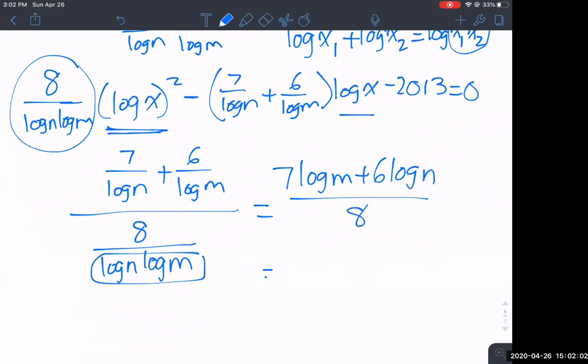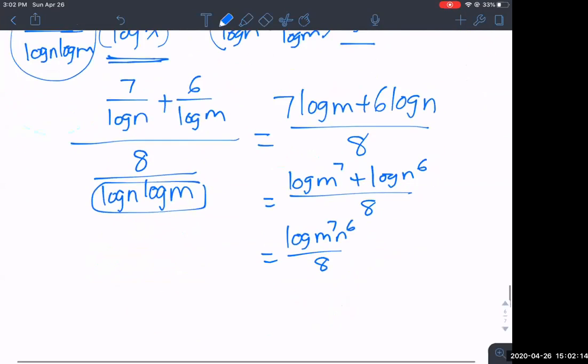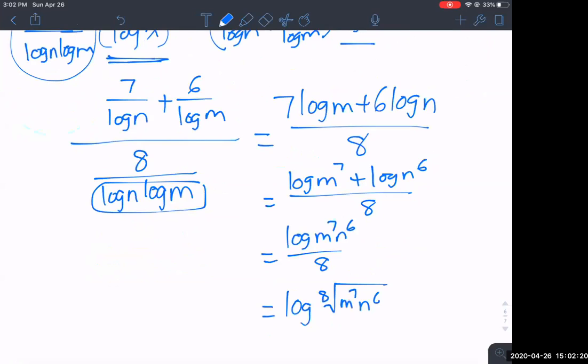By log rules, we can turn that into log of m to the 7 plus log of n to the 6th, over 8, so log of m^7 n^6 over 8. So that's just log of the 8th root of m^7 n^6. That's because this is basically 1/8 log of m^7 n^6, and then we're raising this to the power of 1/8.